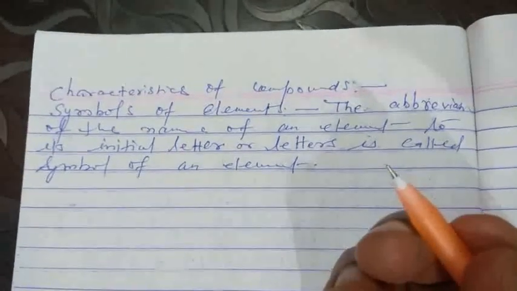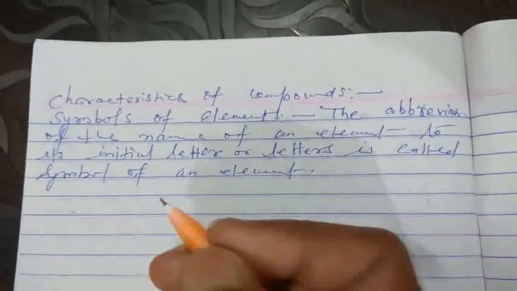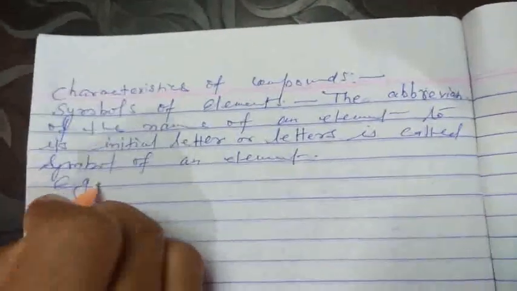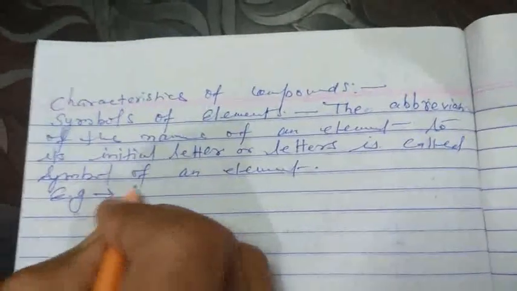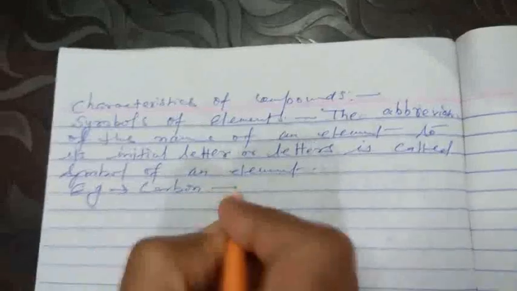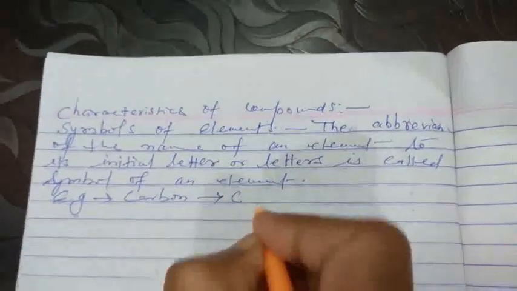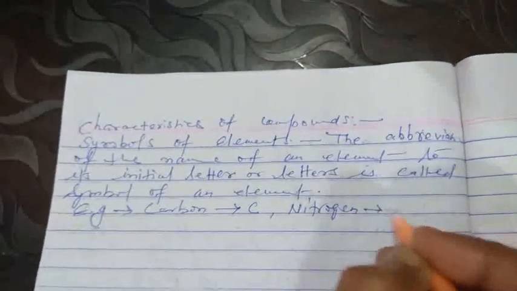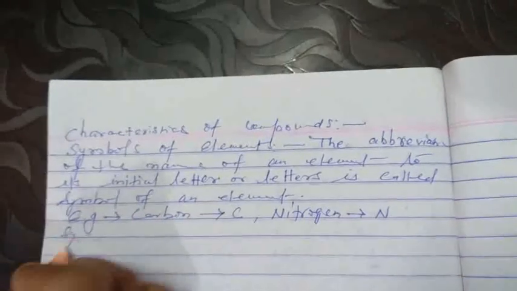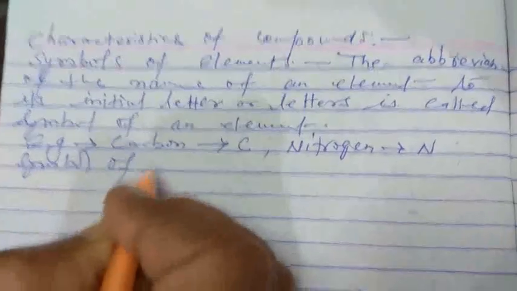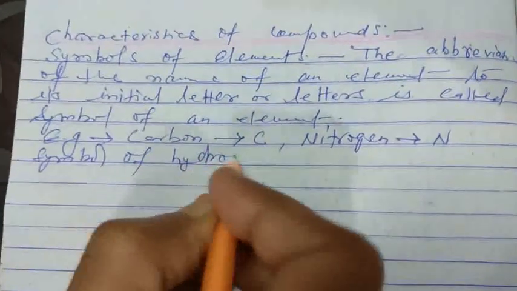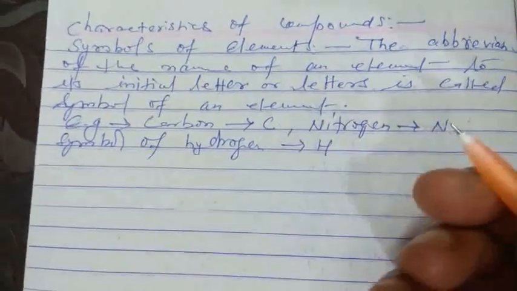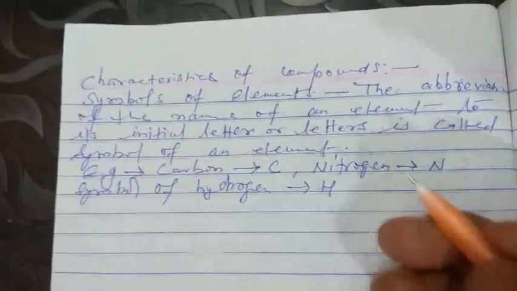Chemical symbols are a form of shorthand. The symbol for an element consists of one or more letters of the element. For example, the symbol of carbon is C. Similarly, the symbol of nitrogen is N. Symbol of hydrogen is H. The following are the simple rules for writing the chemical symbols of the elements.